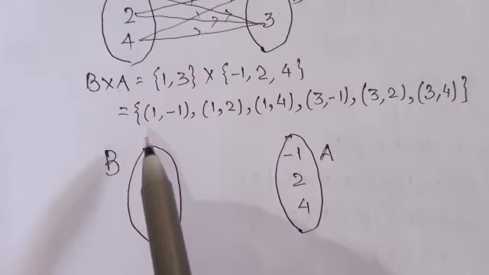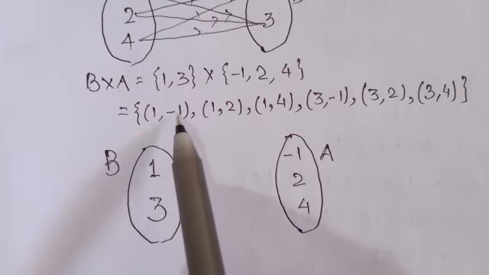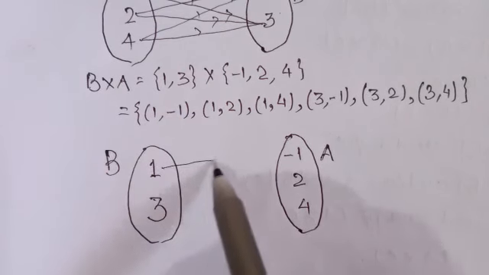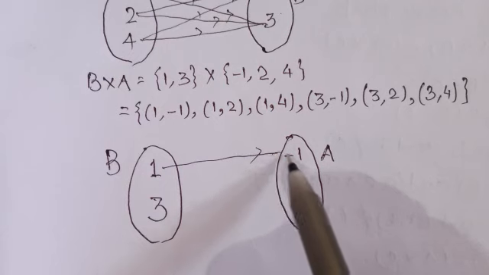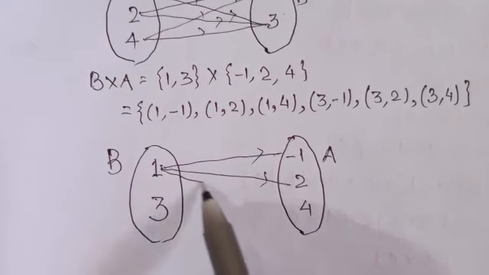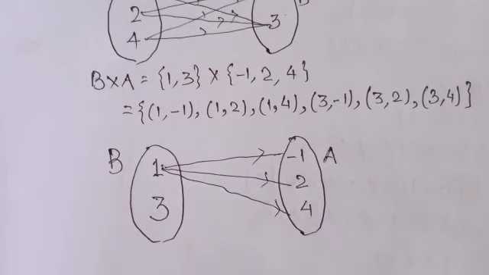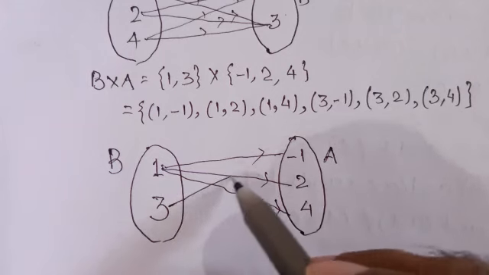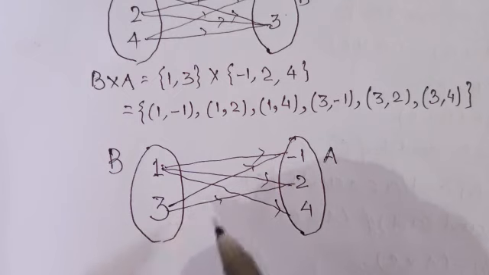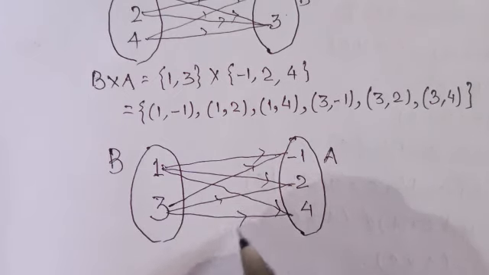See, 1 is related to 3 elements: -1, 2 and also 4. Similarly, 3 is related to the same 3 elements, that is (3, -1), (3, 2) and (3, 4).